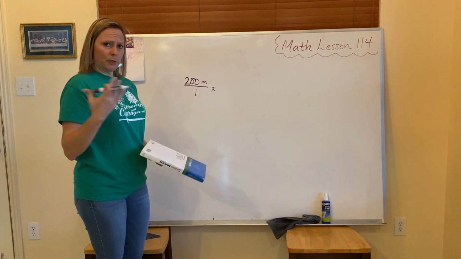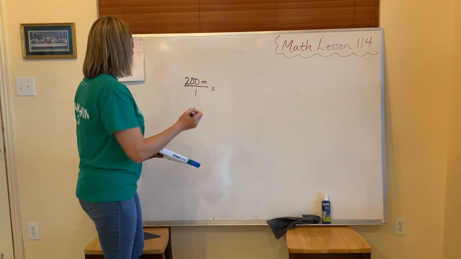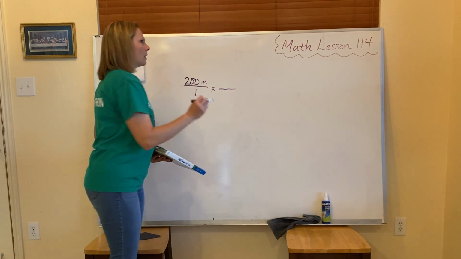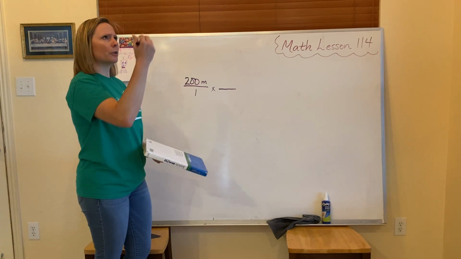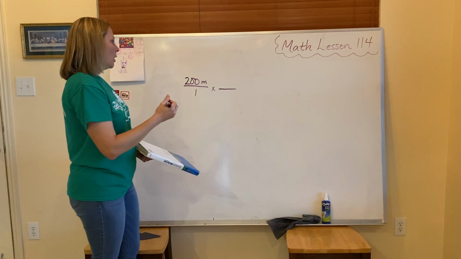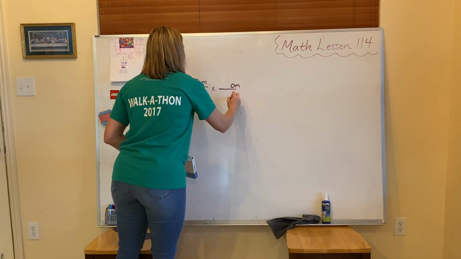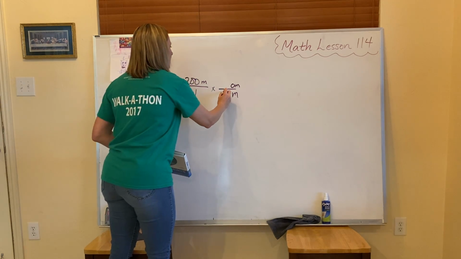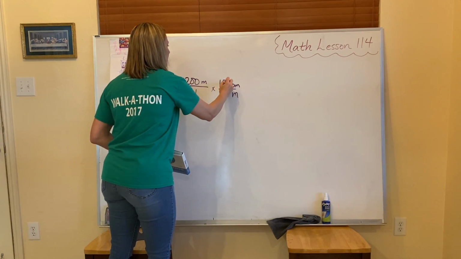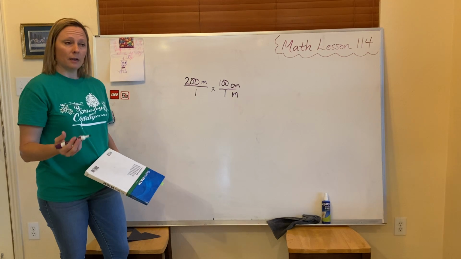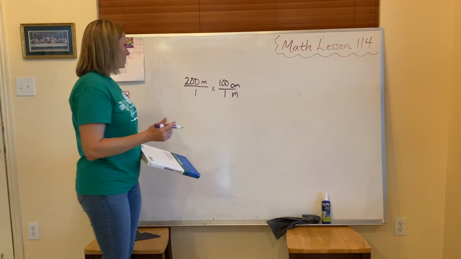So we're going to use a unit multiplier. Our choices could be 1 meter over 100 centimeters or 100 centimeters over 1 meter. We're converting to centimeters, so we'll want that on top, meters on bottom. So 1 meter is equal to 100 centimeters. That is the unit multiplier we will use.